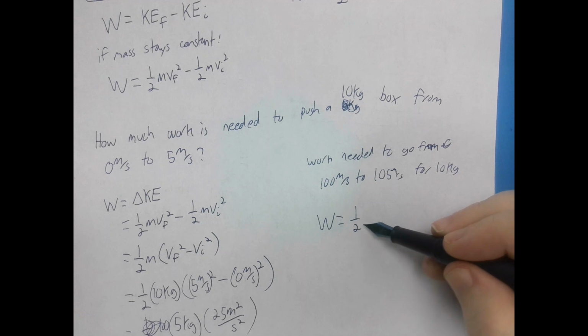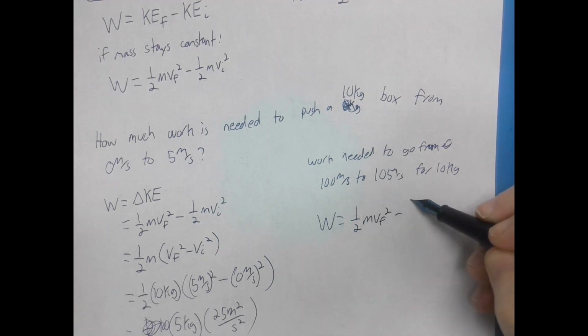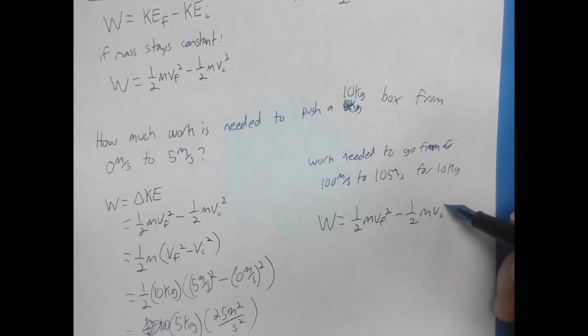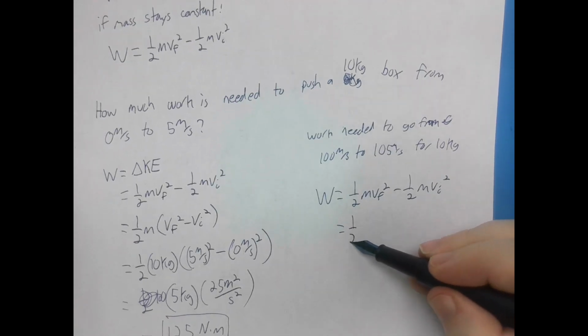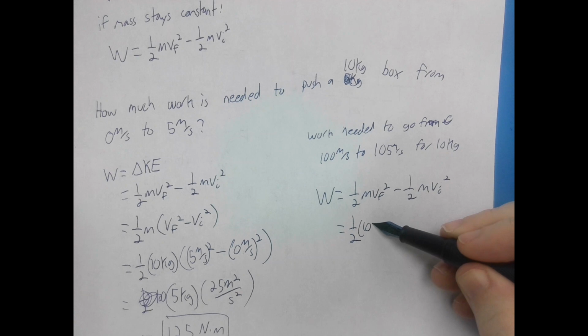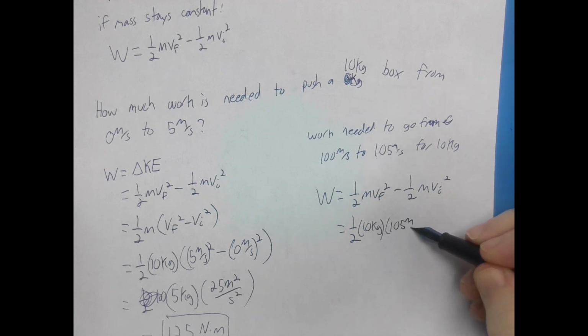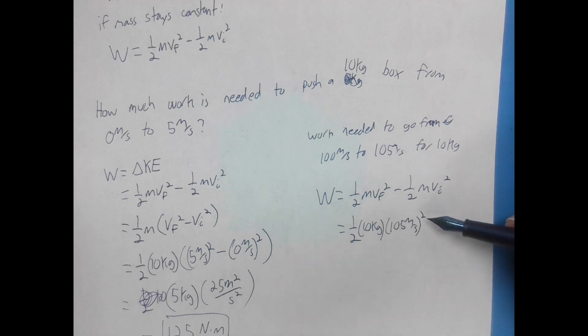Work is equal to 1/2 m vf squared minus 1/2 m vi squared. So that'd be 1/2 times 10 kilograms times 105 meters per second, the whole thing squared, minus 1/2 times 10 kilograms times 100 meters per second, all squared.